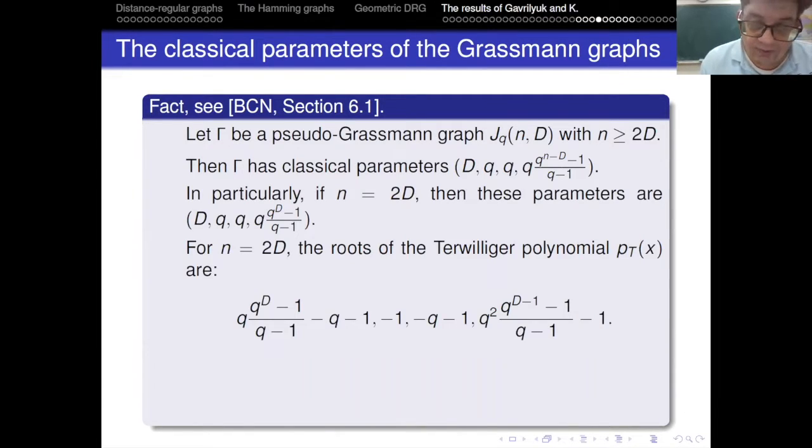If n is equal to 2D, then these parameters are D, q, q, q times q to the power D minus 1 over q minus 1. And for n equal to 2D, the roots of the Terwilliger polynomial are q times q to the power D minus 1 over q minus 1 minus 1, minus 1, minus q minus 1, and q squared times q to the power D minus 1 over q minus 1 minus 1.